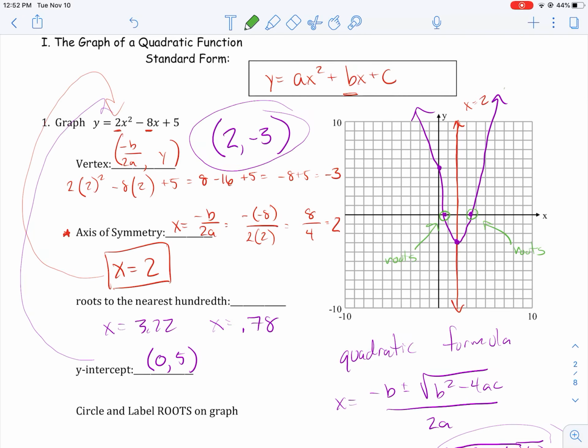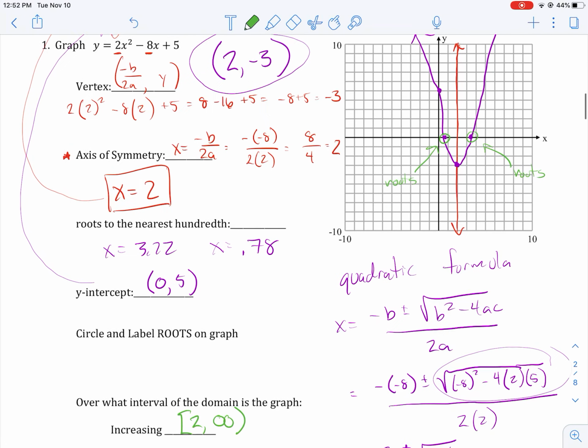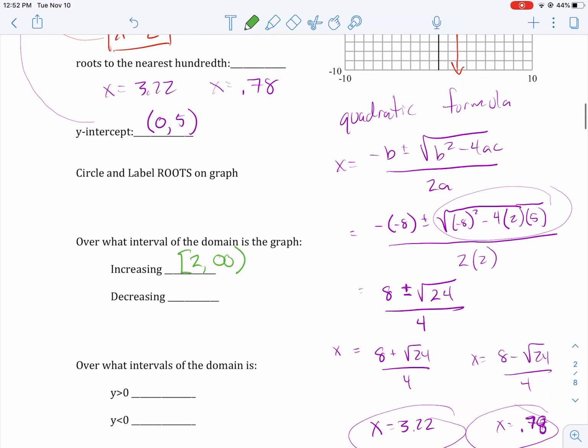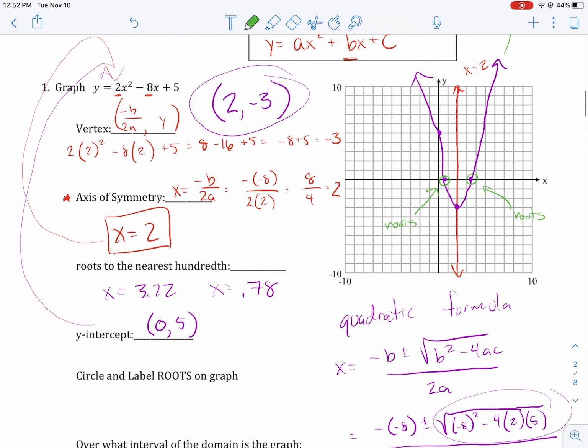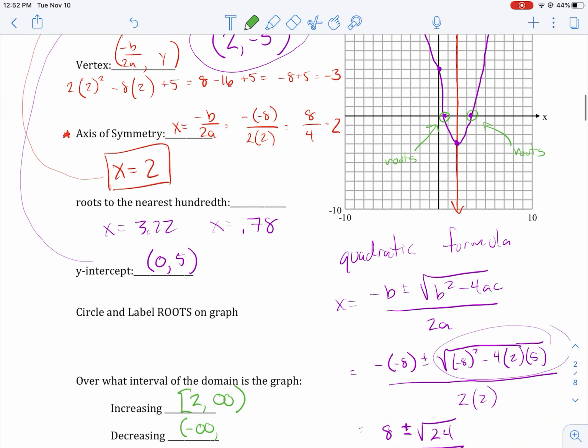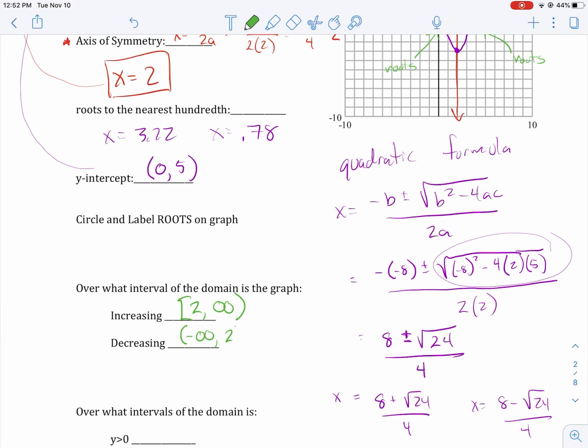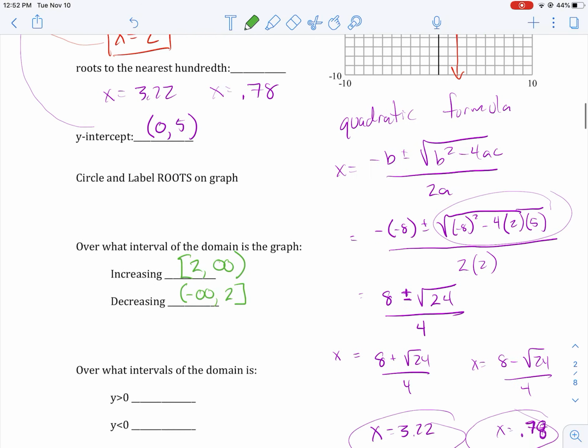Again, this is going to the right and up forever. And where is it decreasing? Same thing, except switched around. It's decreasing as x approaches from the left, starting from negative infinity and stopping at 2. So that's how I came up with those.